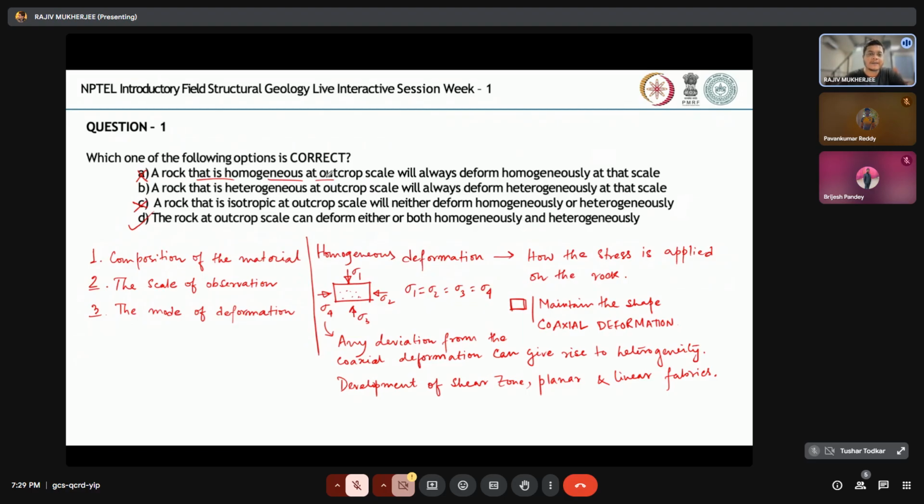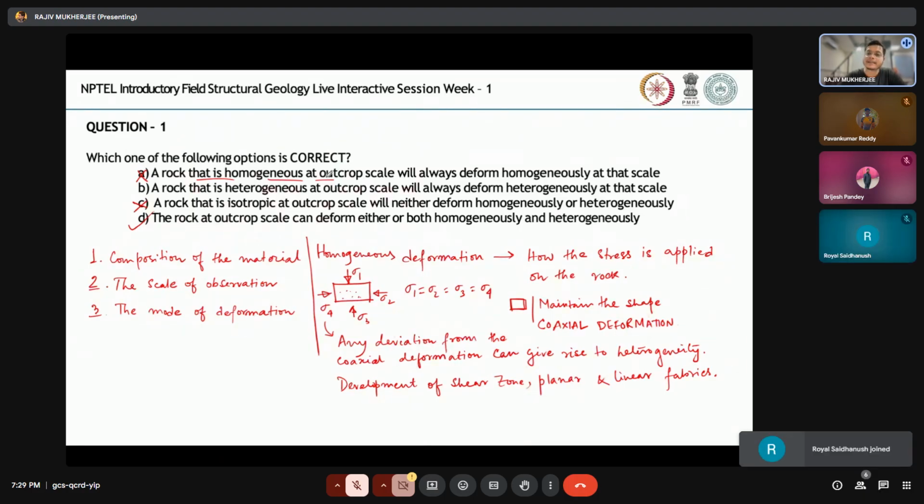So even if a material appears homogeneous at outcrop scale, it will not be possible to actually deform the material homogeneously at that scale, right? Even in a homogeneous sample, you can develop some planar and linear fabrics.